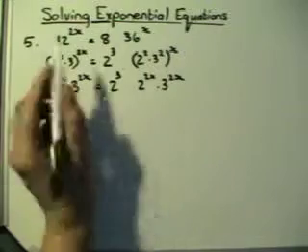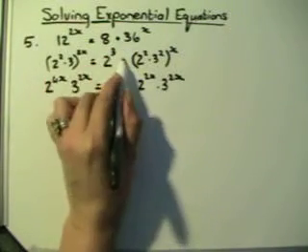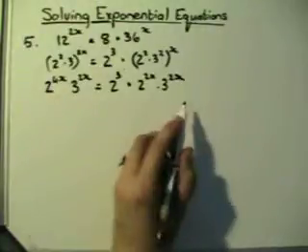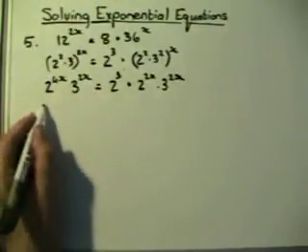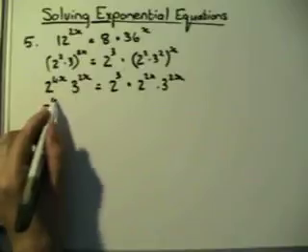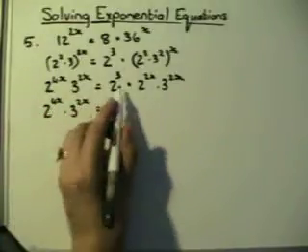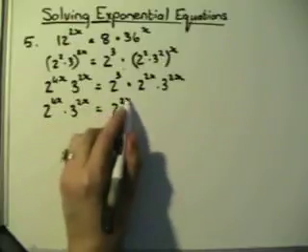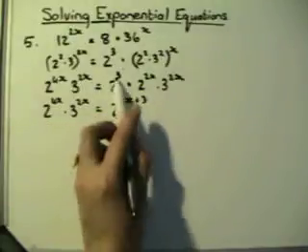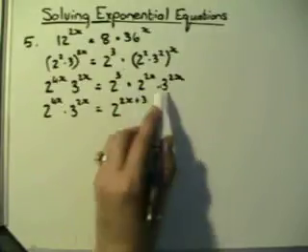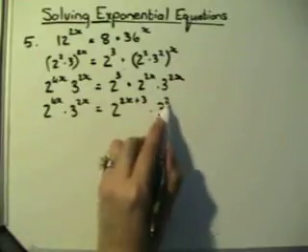This was not a minus, it's a product. Okay, that makes it a lot easier actually. So now I have 2 to the power of 4x times 3 to the power of 2x, and I have 2 to the power of 2x plus 3. I can just add these two, and then times 3 to the power of 2x.